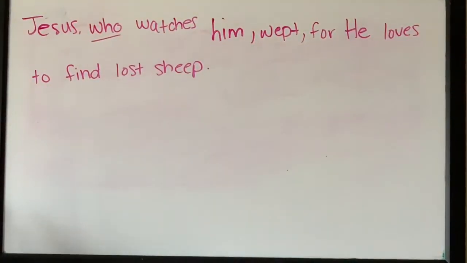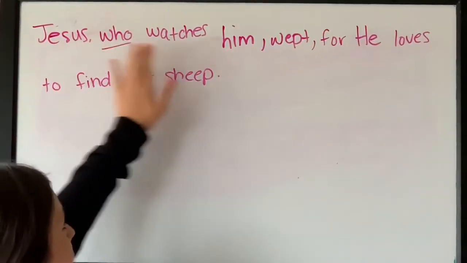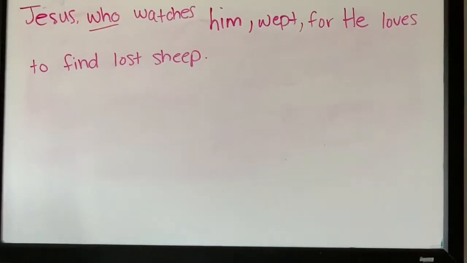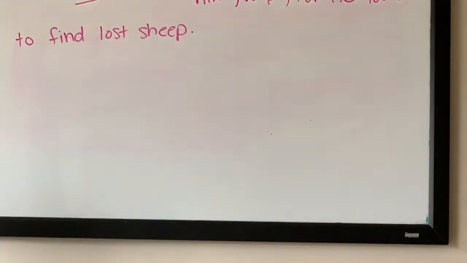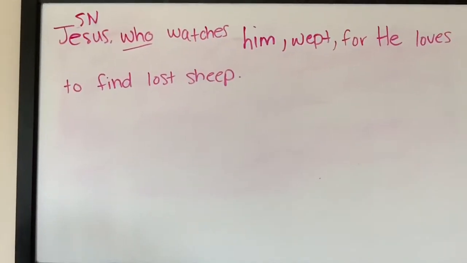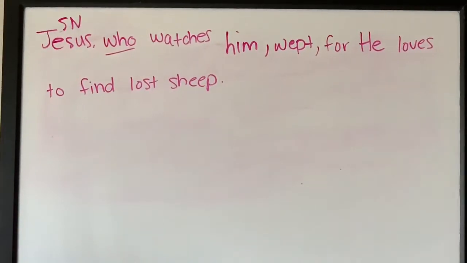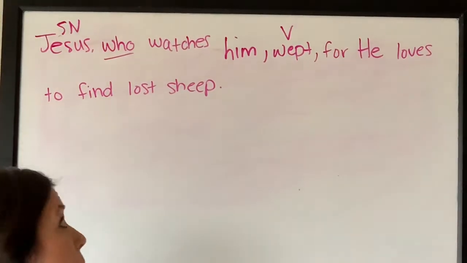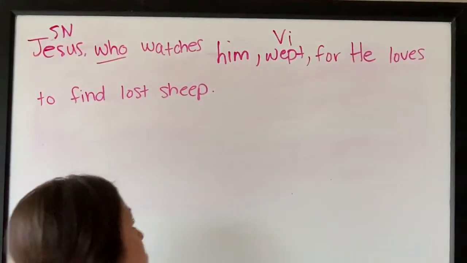Okay, moving along. Let's ask our questions. What's our first independent clause? We identified Jesus wept. So let's start there. Jesus wept. First question, who wept? Answer, Jesus. Label, subject, noun. What is being said about Jesus? Jesus wept. Label, verb. There's nothing after wept, so it has to be intransitive, right?